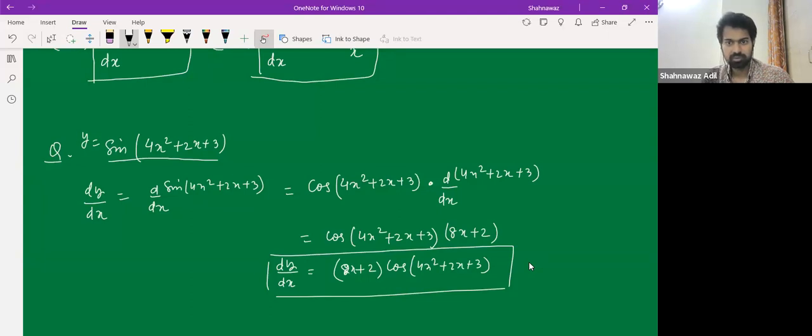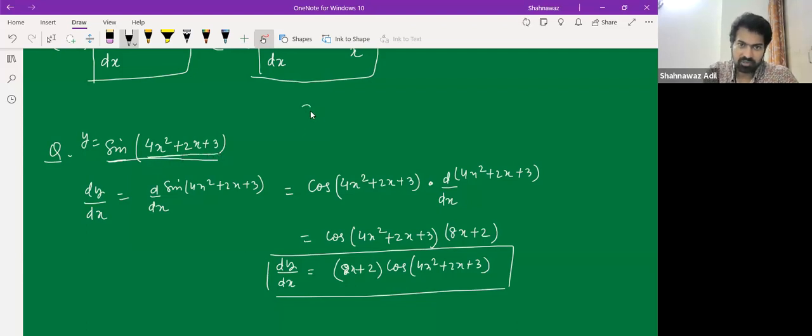Sir, how did this dy by dx come after cos? So what did I tell you earlier? Whenever we have two functions, the first function was this trigonometric function, and inside that we had another function.